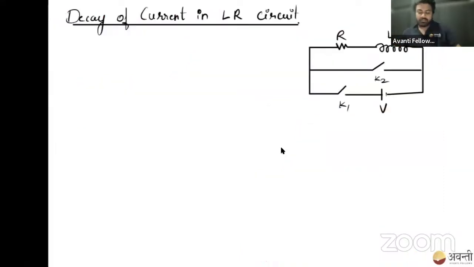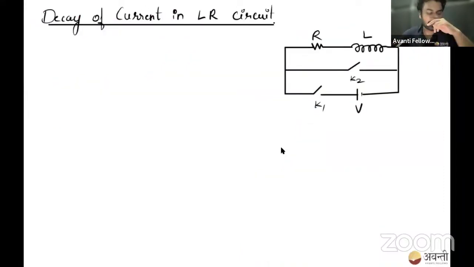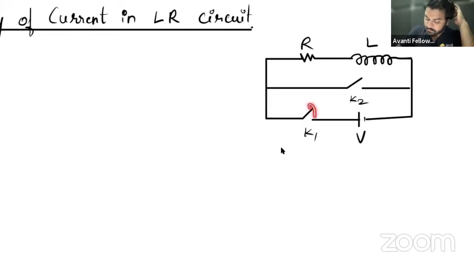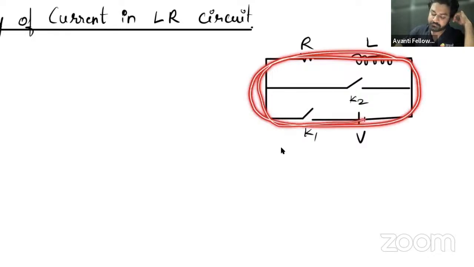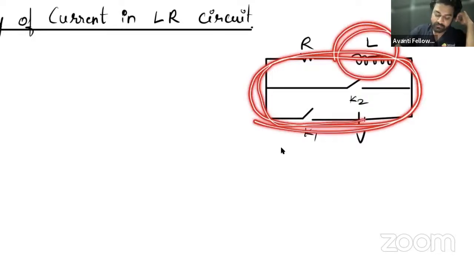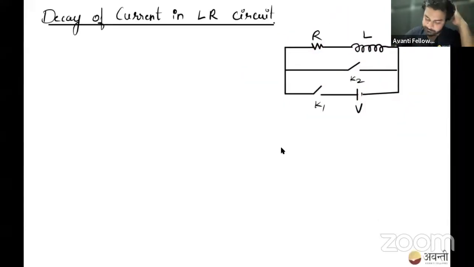Anyways, let's come to decay of current in an LR circuit. I will not derive it, I'll just give the formula. What is the meaning of decay of current? For example, in this circuit, if I first close switch K1, the battery will flow current and this L will become like a small battery after a long time.